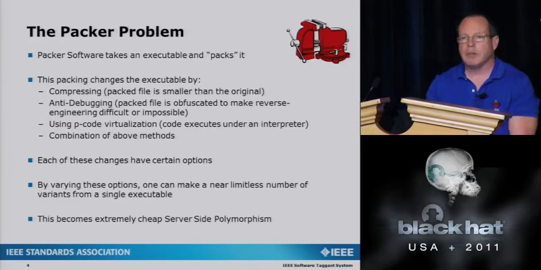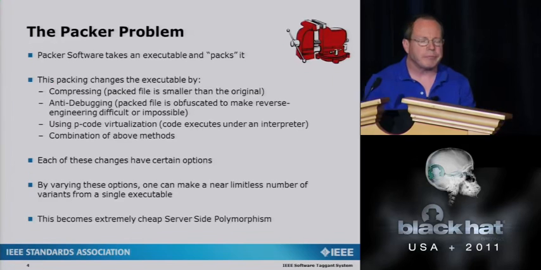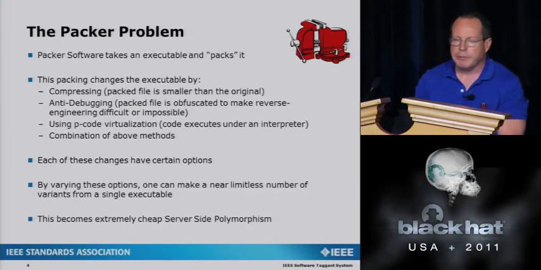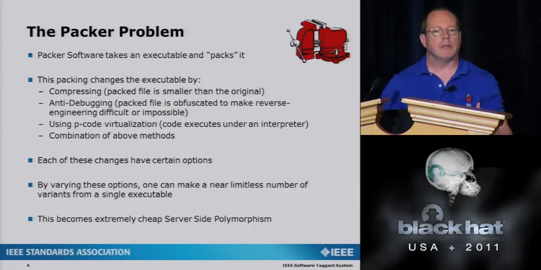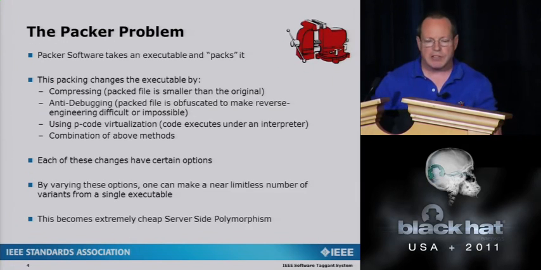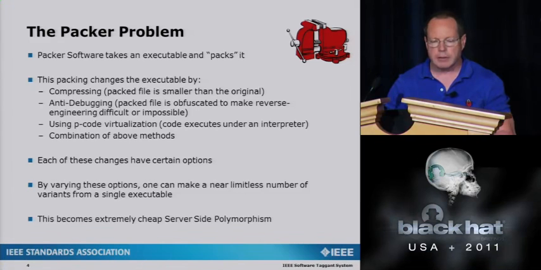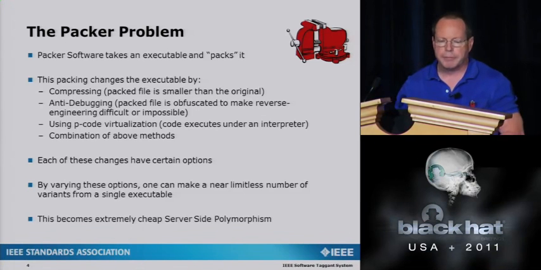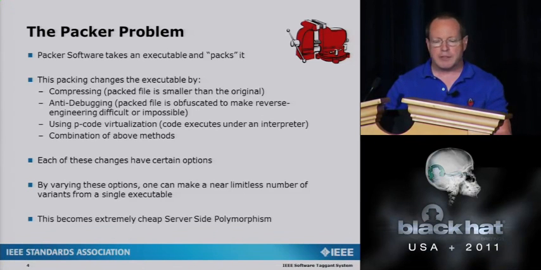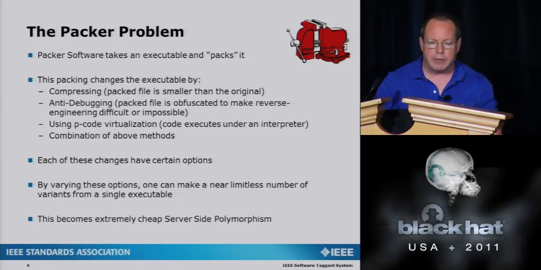So the problem we're trying to solve is that malicious software users utilize software packers. A software packer will take code and either compress it or obfuscate it. The packing changes the executable by either compression, anti-debugging techniques, or trying to protect intellectual property. Sometimes they'll virtualize the code into P code and execute it using an interpreter, or they'll use any combination of the above methods.